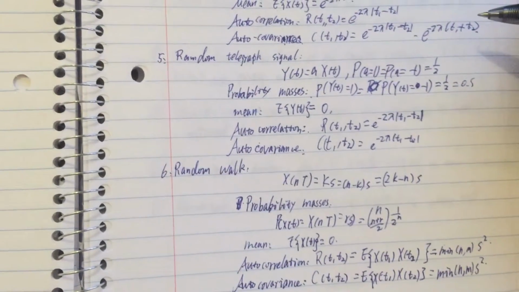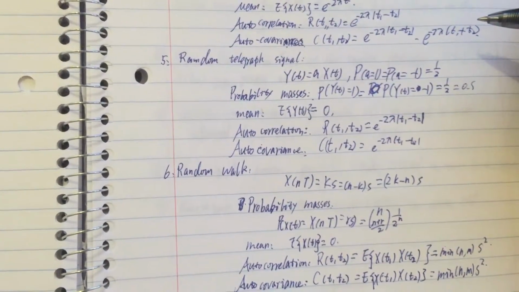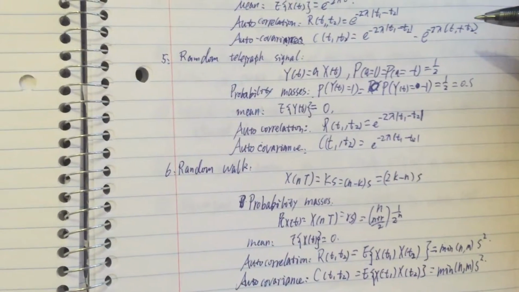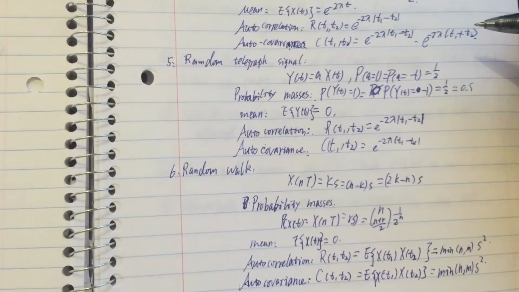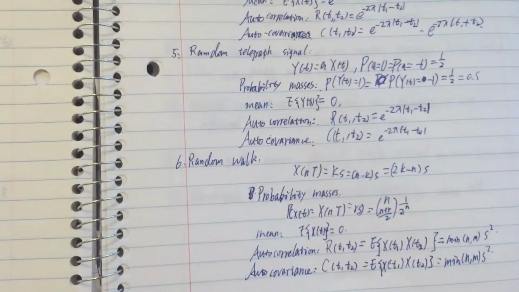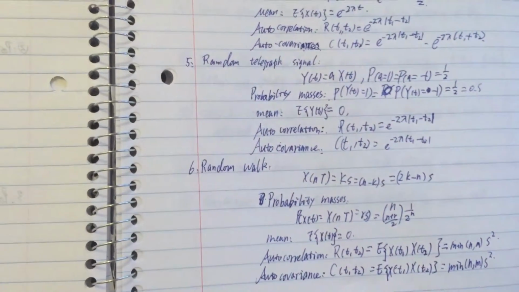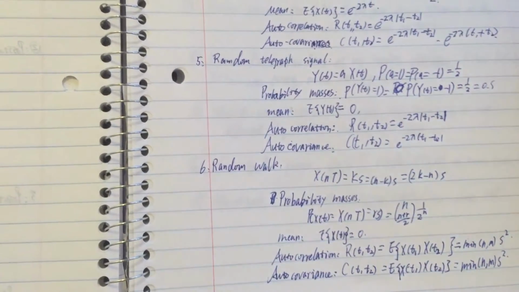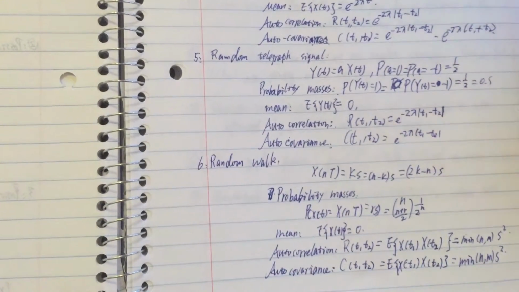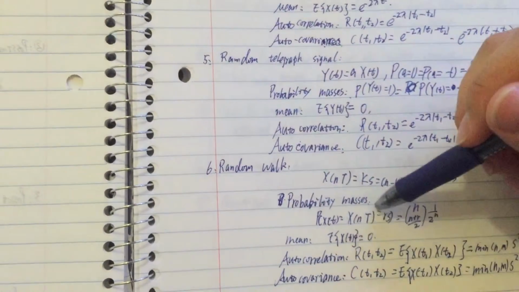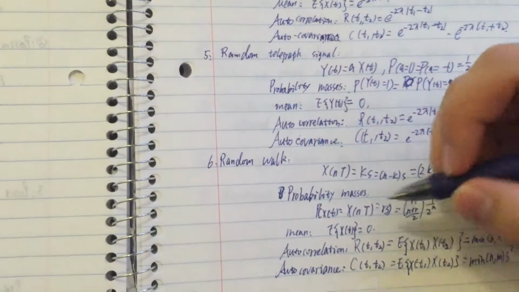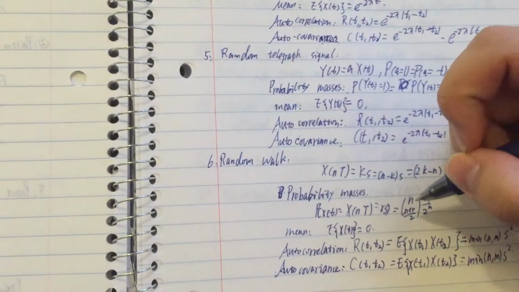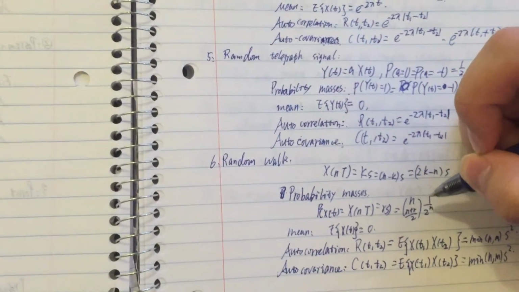And for the random walk, X(nT) equal to (k s) equal to (n minus k) times s, which is equal to 2k s minus n s. So the probability mass is P(X(nT) = r s), which is equal to C(n, (n plus r) over 2) times (1/2) to the n.